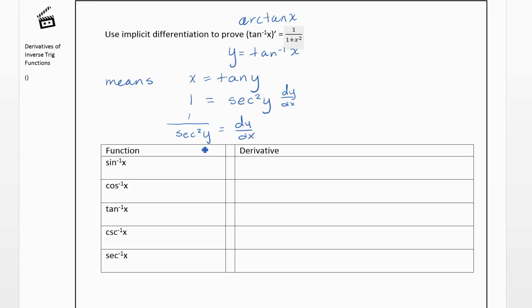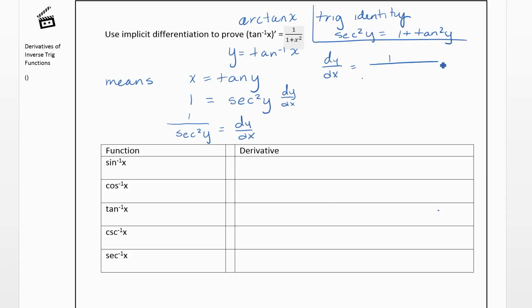We also have to use a little trig identity, one of the Pythagorean identities you would have seen in pre-calc: secant squared of y equals 1 plus tangent squared of y. So substituting that in here, we have dy dx equals 1 over 1 plus tangent squared of y.